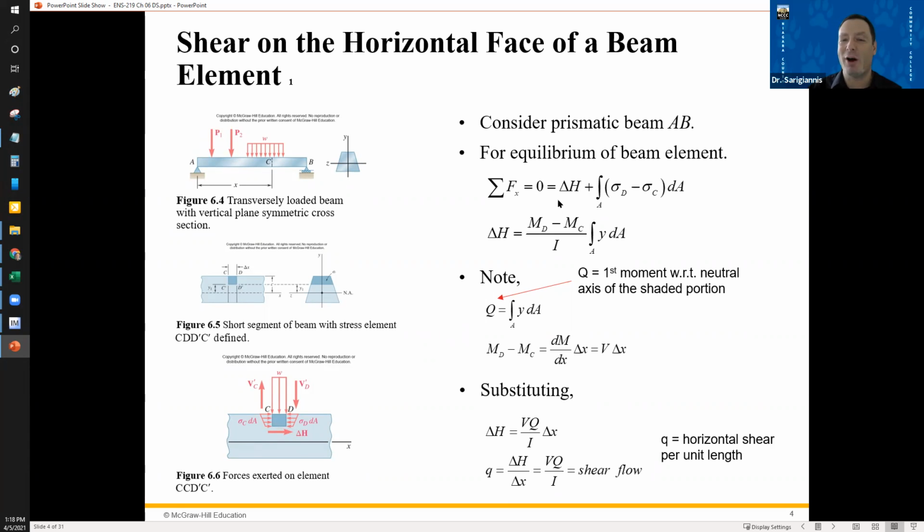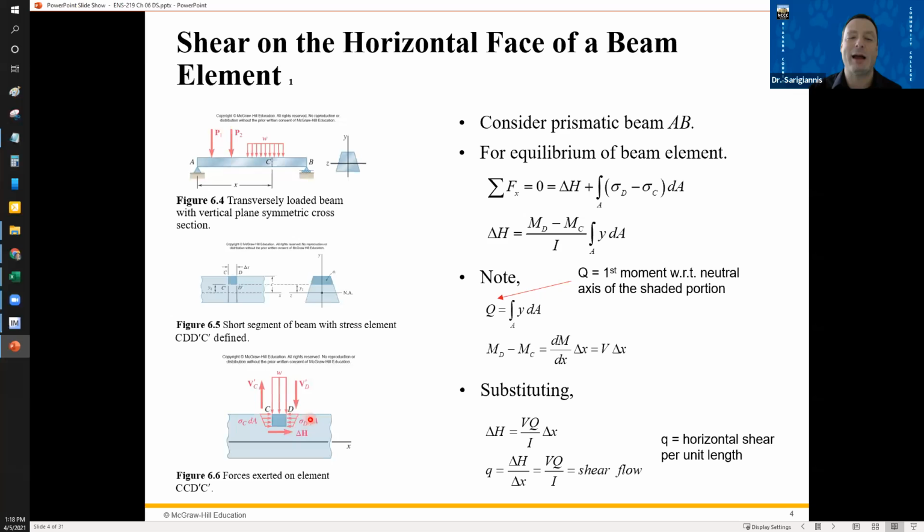And we can write that out by doing a force balance. The sum of the forces in X is equal to 0. So I've got delta H, and then I've got the integral of sigma D minus sigma C dA. This is the sum of the normal stresses over these areas.